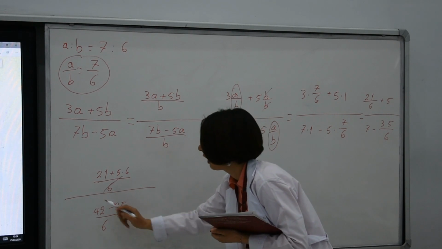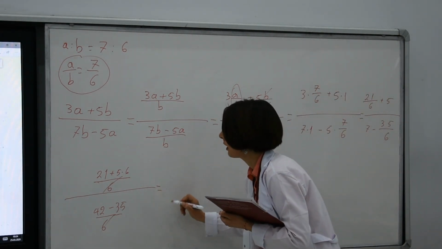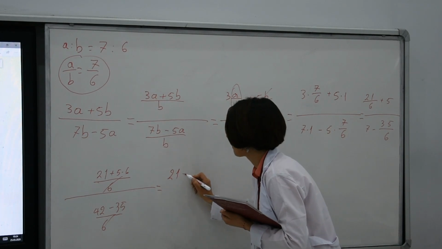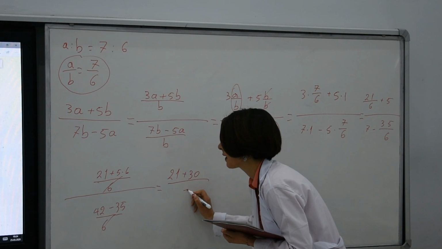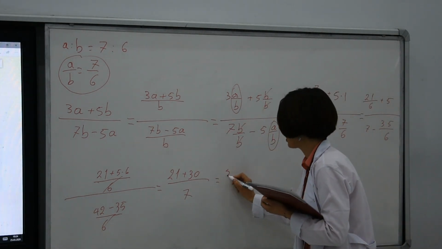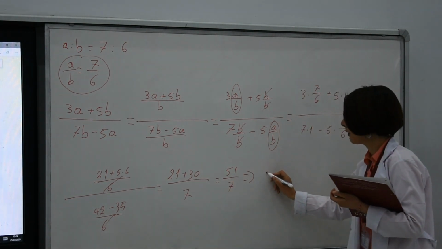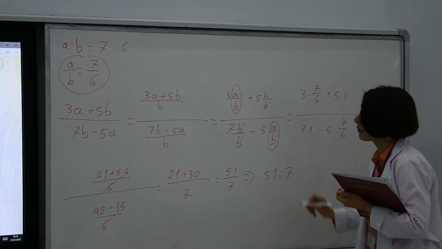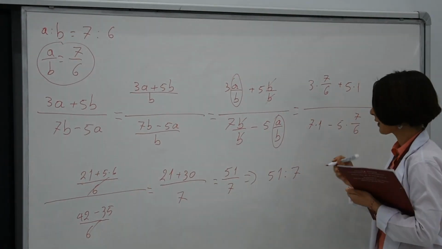I can simplify the 6 here, and I'm going to have 21 plus 30 over 7, right? And if I keep continuing, I'm going to have 51 over 7. So my ratio is going to be 51 to 7. Okay? This is our solution.